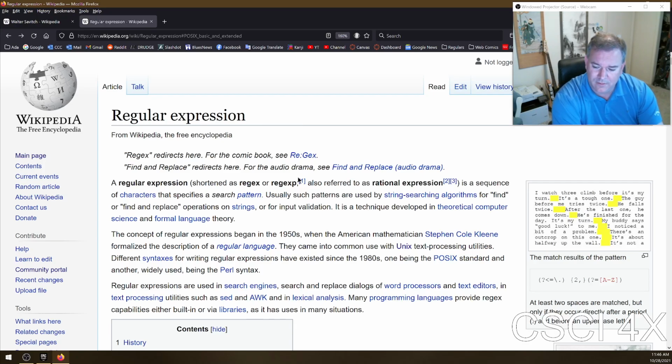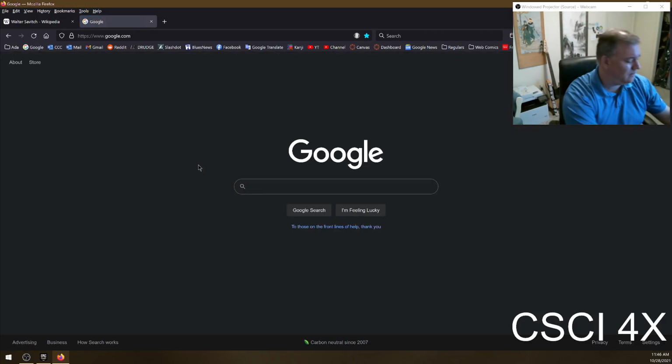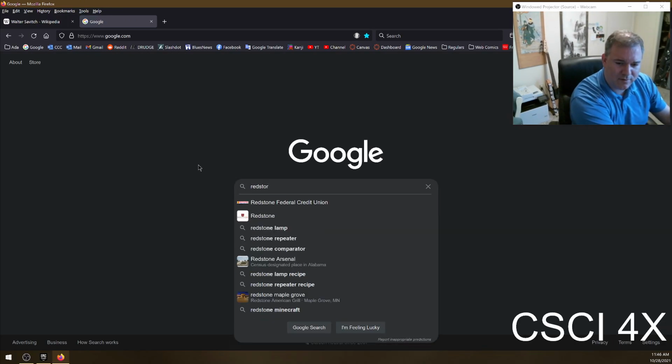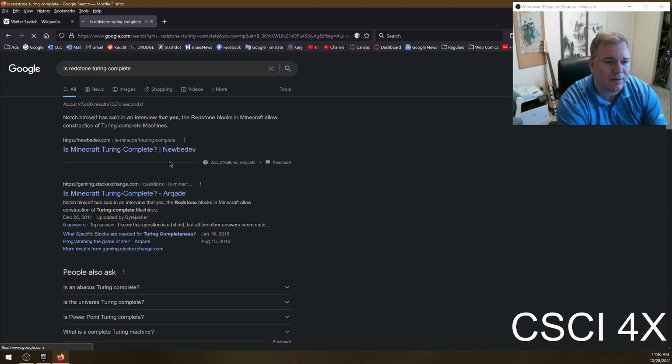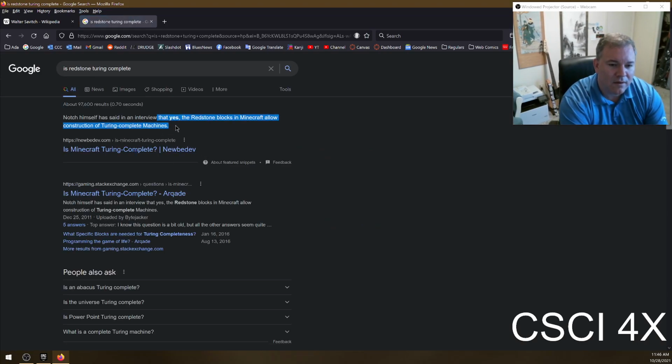You'll hear people say the words Turing complete, like Minecraft is Turing complete. And I think it is, right? Redstone is Turing complete. Is Redstone Turing complete? Yes, okay.